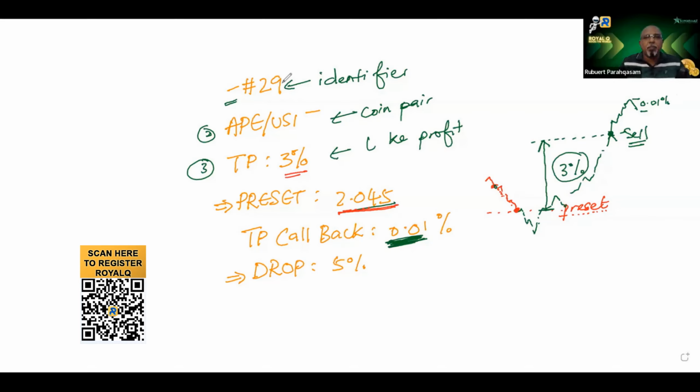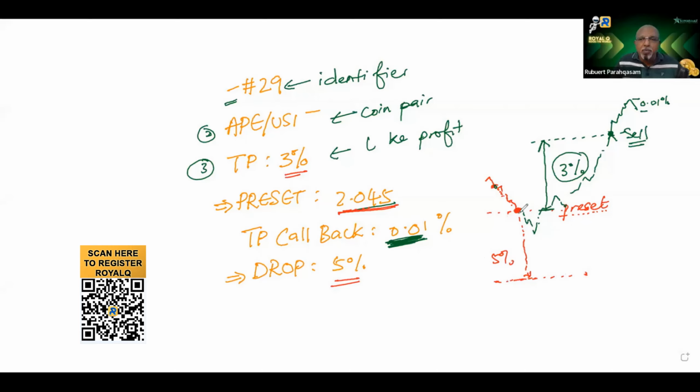So what about the drop? Let's talk about the drop. The drop is from this preset price, the price that we bought. Where is the support line occurring? So when we give you a drop of 5%, that means we expect, if the market were to go against you, the support line to be 5% below the preset value.